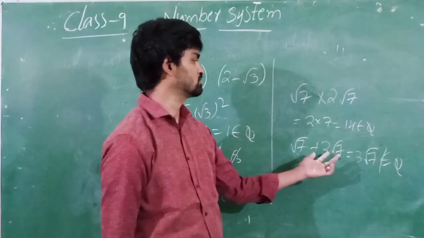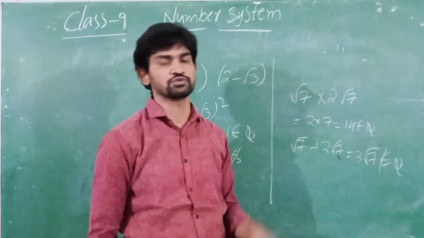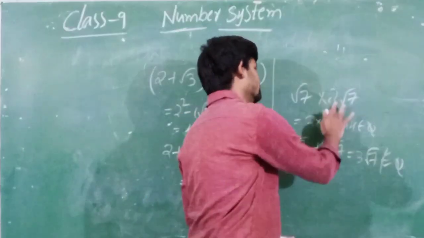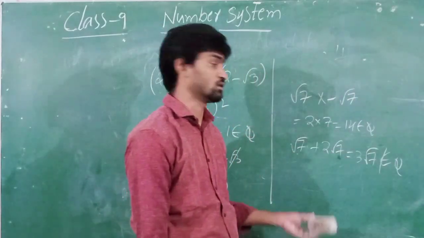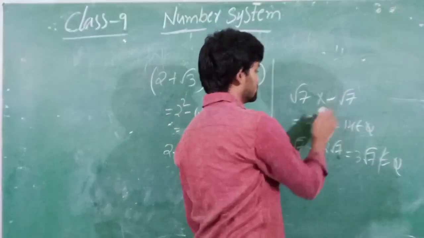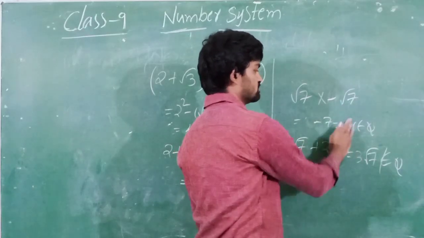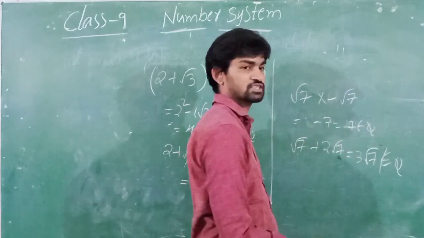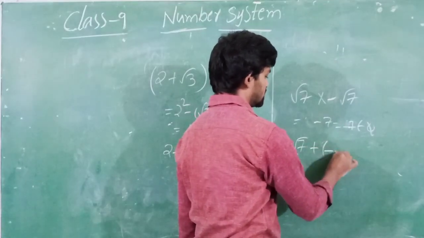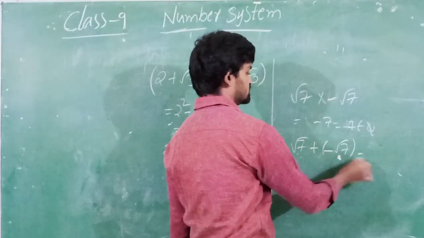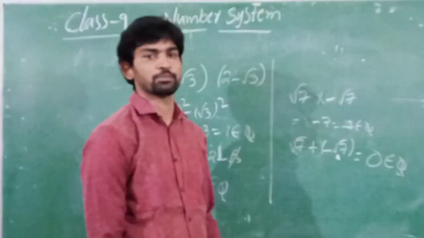So 2 root 7 is a rationalizing factor, but it is not a conjugate of root 7. What will be the conjugate then? It is minus root 7. How? Check once. Root 7 into minus root 7, you get minus 7, which is a rational number. Now if you do sum, root 7 plus minus root 7 is 0, which is a rational number.